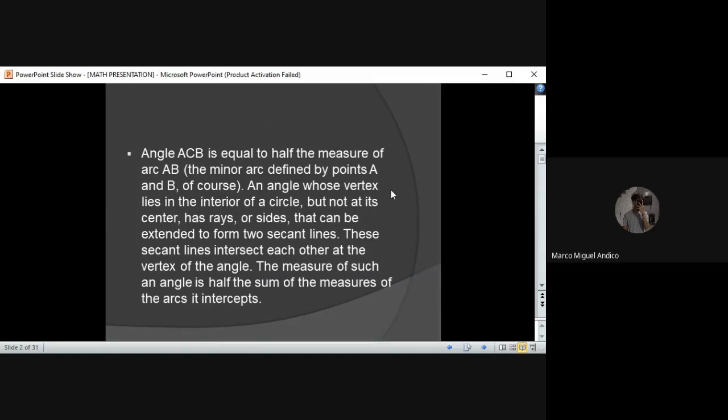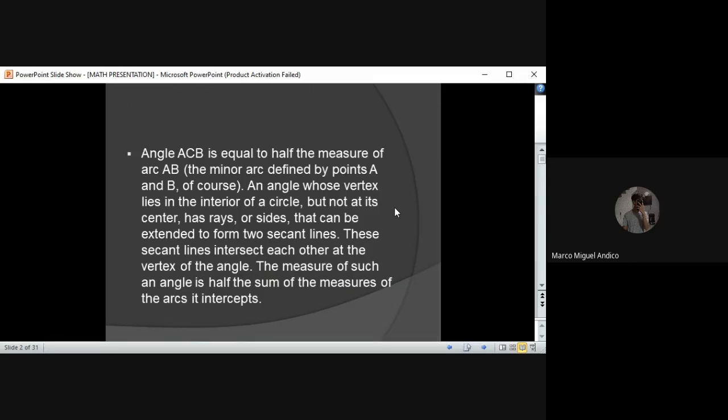An angle whose vertex lies in the interior of a circle, but not at its center, has rays or sides that can be extended to form two secant lines. These secant lines intersect each other at the vertex of the angle. The measure of such an angle is half of the sum of the measures of the intercepted arcs.